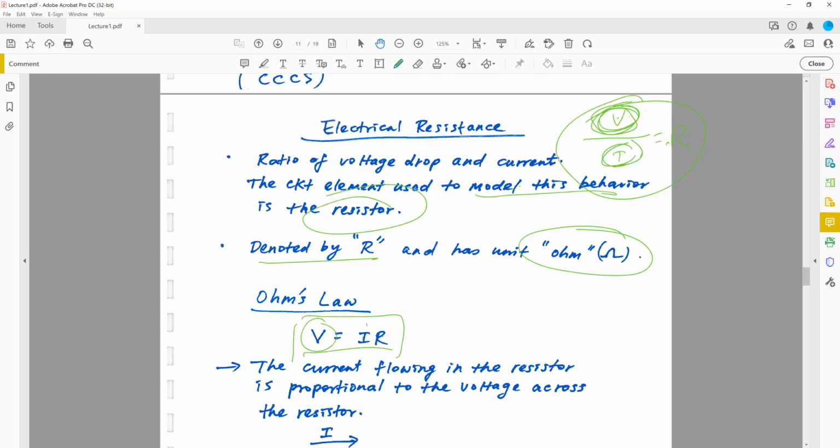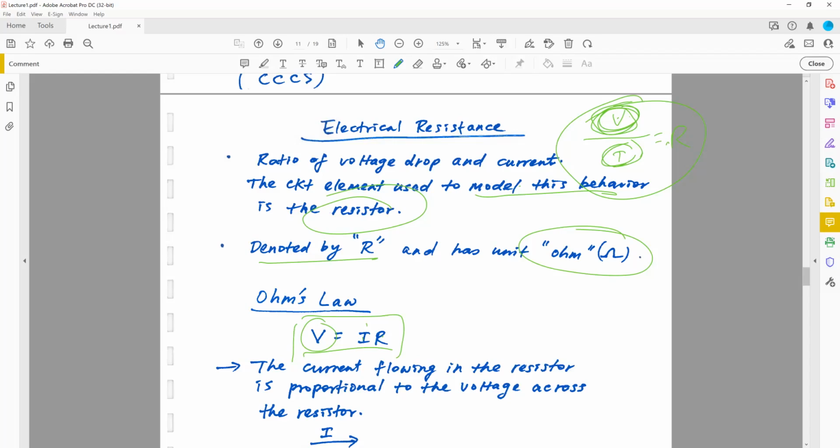In this course, what you will be asked to do when it comes to circuit analysis is that you need to find at least one of these variables. For example, if I ask you to find voltage given I and R, then you need to know how to apply Ohm's law so that you can find your voltage.